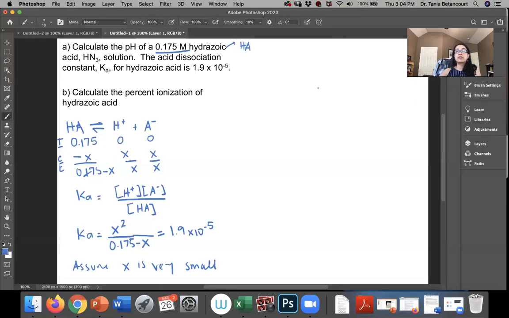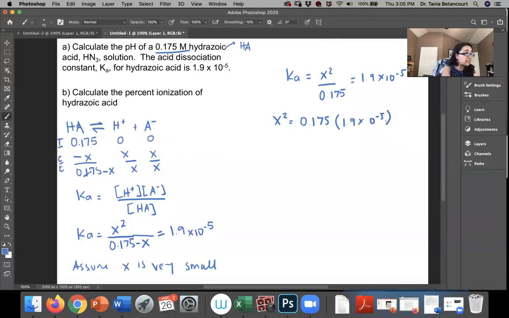Now we can say that Ka is equal to X squared divided by 0.175. That makes our math a lot easier. Remember that Ka was 1.9 times 10 to the negative 5. Therefore, X squared is equal to 0.175 times the Ka, which is 1.9 times 10 to the negative 5.